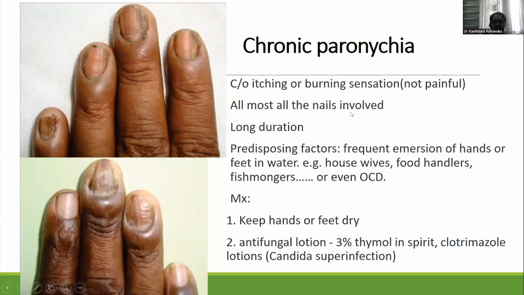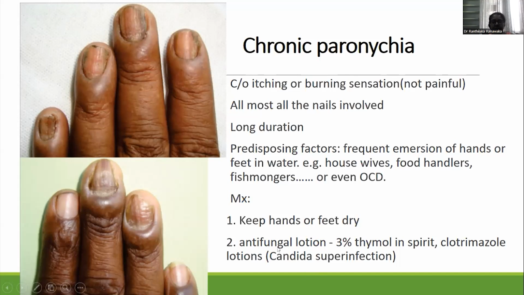Almost all the nails are involved. It's of long duration. If you ask the history, it had been there for a long time, which they have ignored. The predisposing factor is frequent immersion of hands or feet in water. Again, housewives handle these things, right? Those are the predisposing factors. So for management, the most important thing is to keep hands or feet dry.